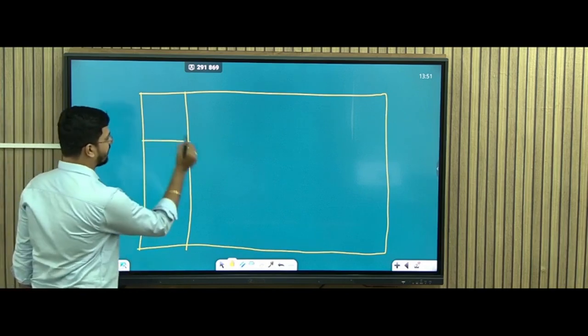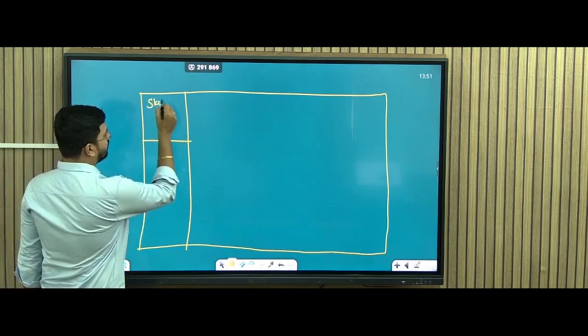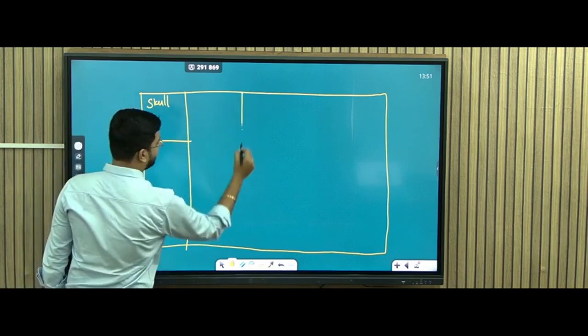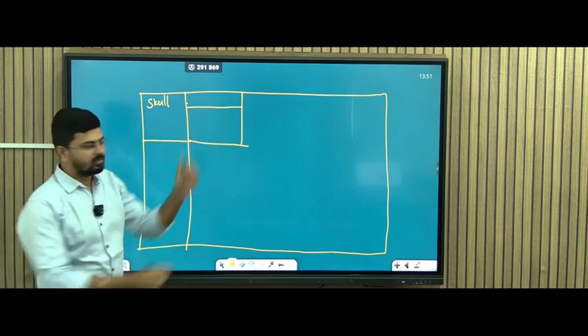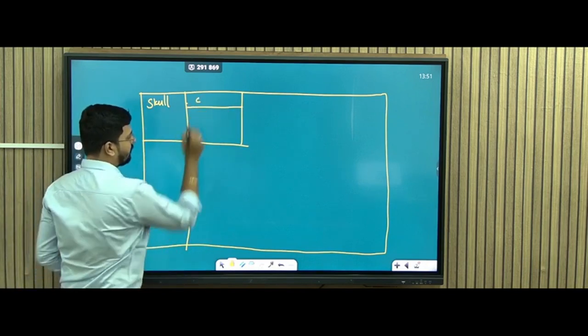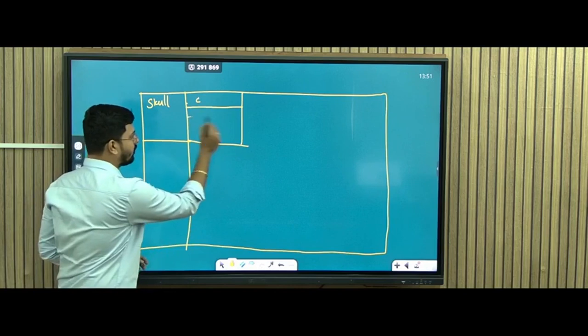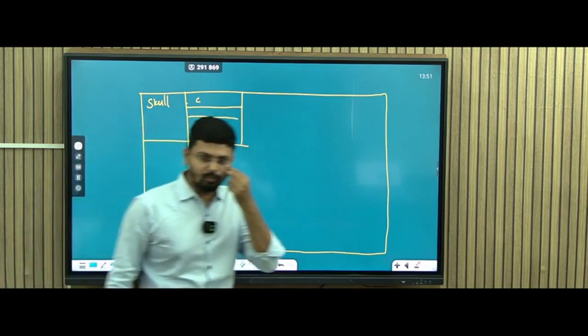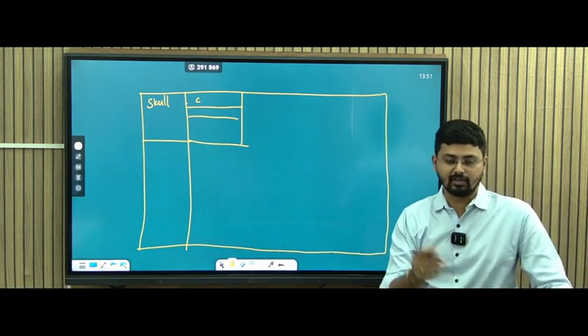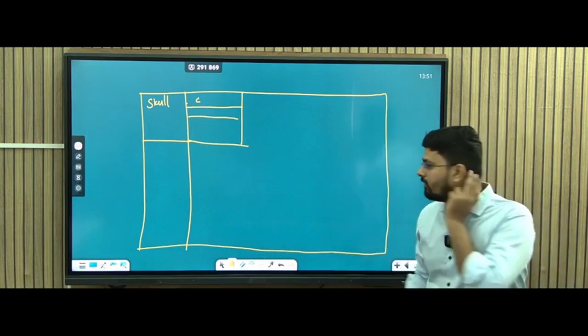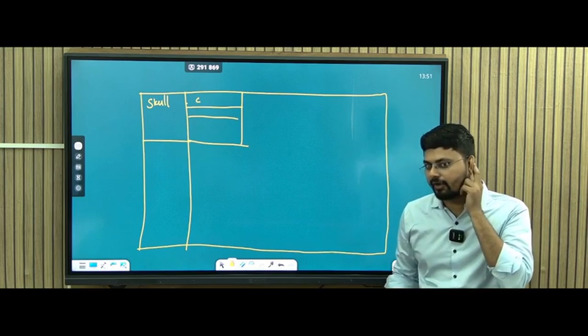With respect to skull, first you'll write skull, and within that you will write the cranial bones. So like this, you'll be making a sheet. So cranial bones, this is the zygomatic bone, and this is the mastoid process behind your ear.